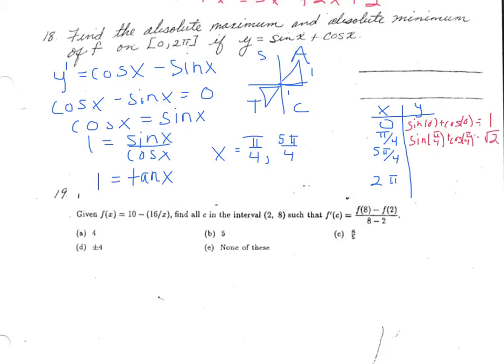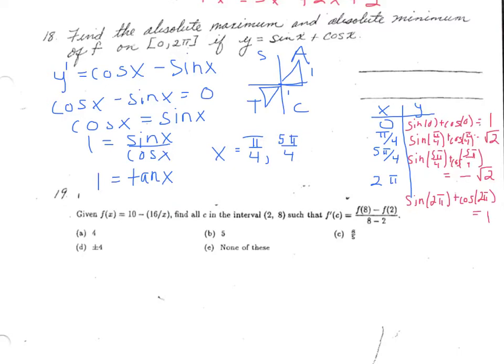And then the sine of 5 pi over 4 plus the cosine of 5 pi over 4. So this one's a little bit tricky. They're both negative, so we have negative root 2 over 2 plus a negative root 2 over 2, which will be a negative root 2. And then 2 pi, the sine of 2 pi plus the cosine of 2 pi will also equal 1.